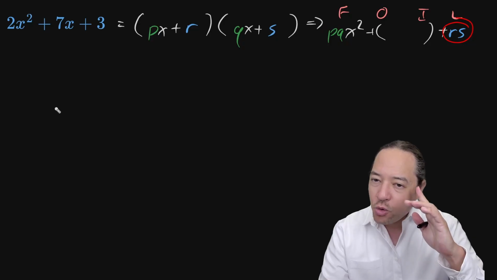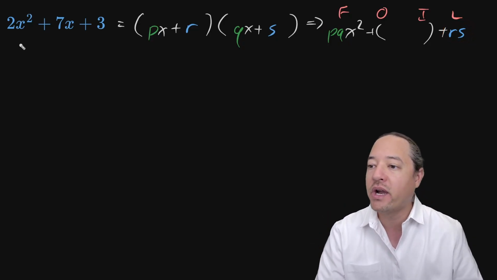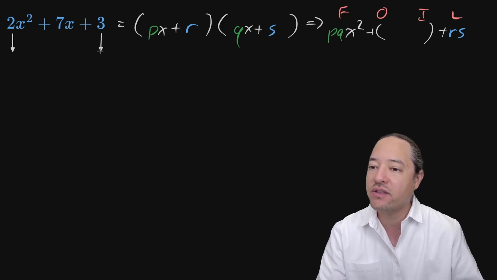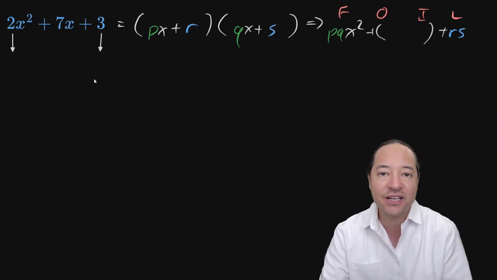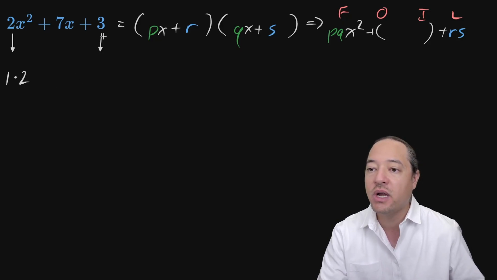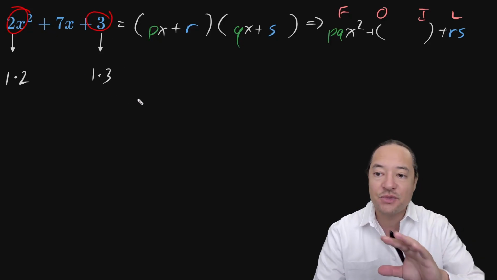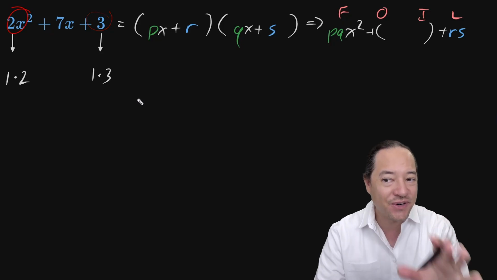And so we practiced this trial and error method, where essentially we took this 2 and this 3 and tried to find the factors of each of them. Basically the factors of 2 are 1 and 2. The factors of 3 are 1 and 3, right? These are both prime numbers, so the factors are very, very simple.